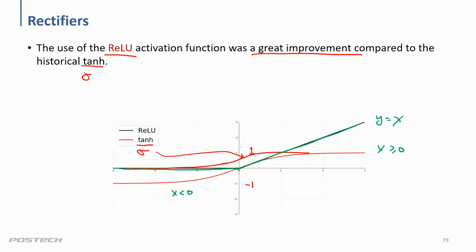And of course, because of that, it's nonlinear. But actually, this is a piecewise linear function. If you're just looking at the positive side, it's linear, and if you're just looking at the negative side, it's a linear function. But if you see the whole graph, it's a nonlinear function.